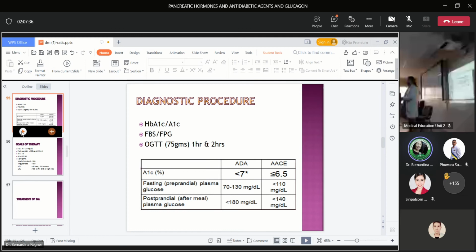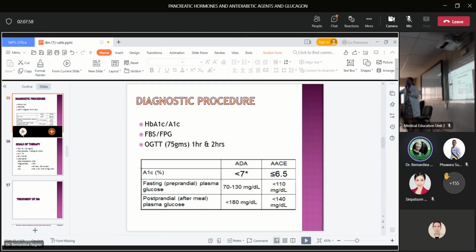Because you know diabetes mellitus is associated with the risk for end organ damage. What are your end organs? The brain, the heart, the kidneys. Okay? Those are the things, and the lungs.